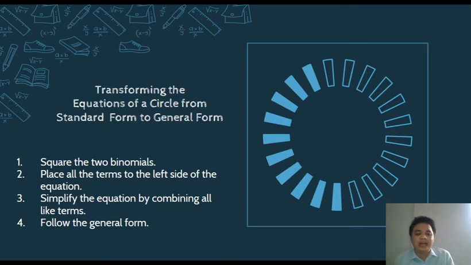And for the fourth step, we will now follow the general form of the circle. So I assure you, mas madali itong video na to dahil mas maikli ang proseso. Okay, so tara na at simulan natin ang pag-transform ng standard form papuntang general form.